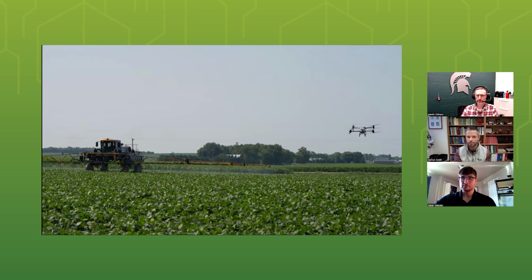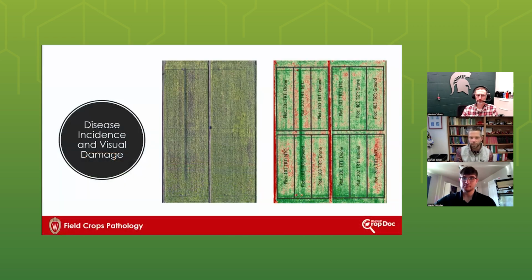So next slide. These are some aerial images on the left-hand side. You can see the general natural light damage from white mold, and the different replicates of these large strips. On the right-hand side, we've got NDVI. Where we had more white mold damage, you're seeing a more open canopy and presumably more damage from the white mold fungus.